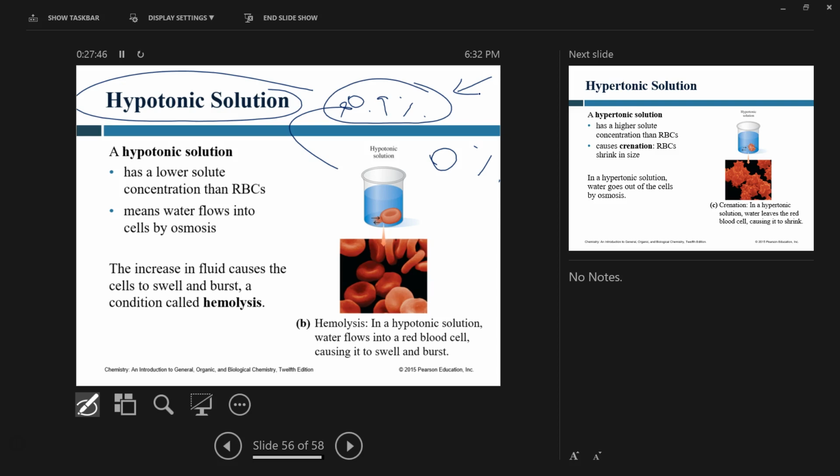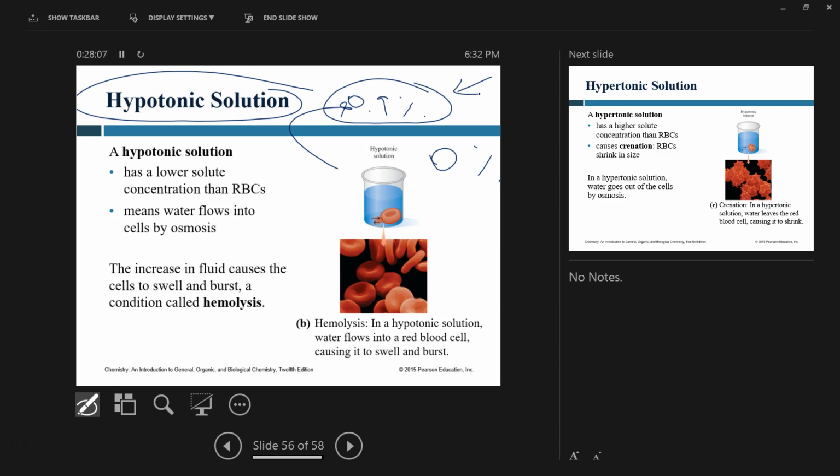In human physiology, if you try to inject distilled water into a person's bloodstream, the person will experience massive hemolysis. Red blood cells will start swelling and popping.